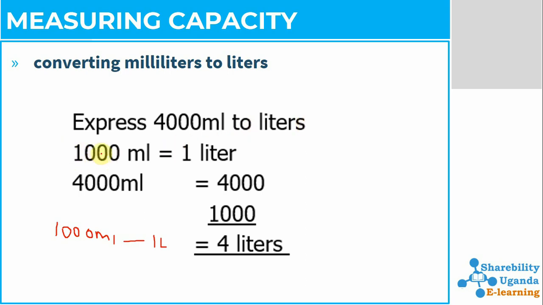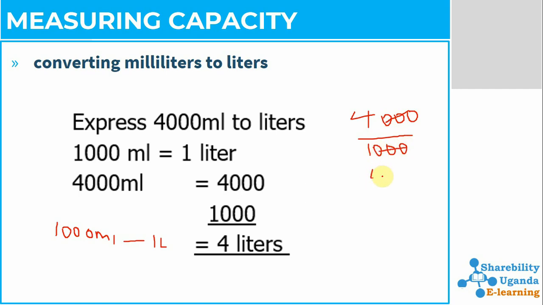Using our concept that 1,000 milliliters is the same as 1 liter, if we want to change milliliters to liters, we shall divide. So we say 4,000 milliliters divided by 1,000 milliliters. Remember, these zeros go with these zeros.